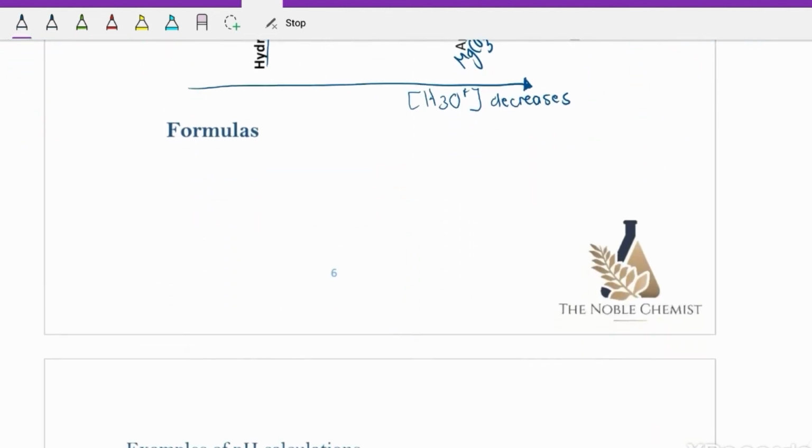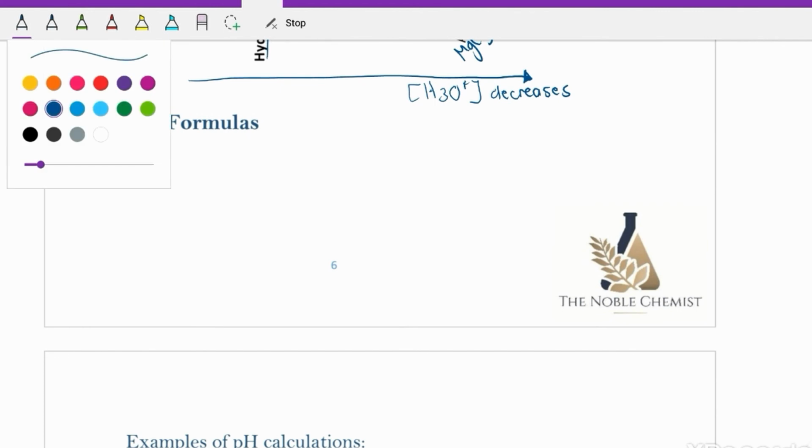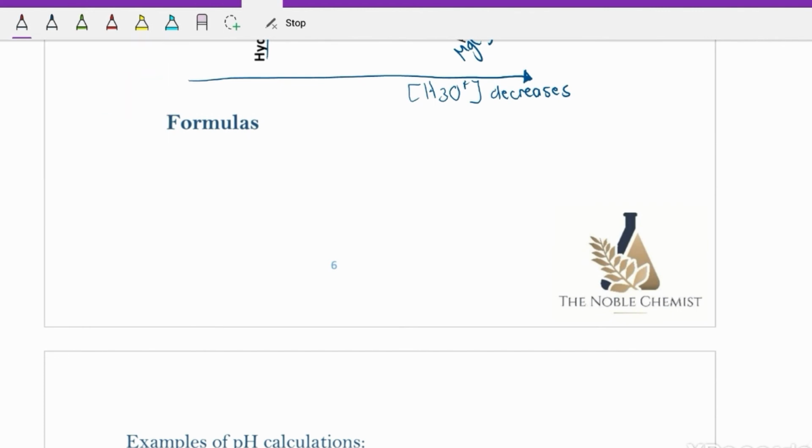Okay, just a quick summary of the formulas that we will be using during this lesson. The first one: pH is equal to the negative logarithm of the hydronium ion concentration. It doesn't make a difference if you say hydrogen ion concentration, it's the same thing.